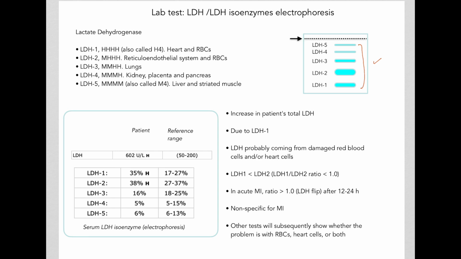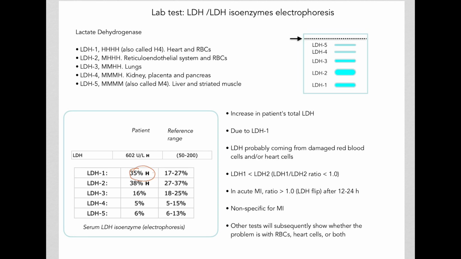And by measuring the intensity of each of these bands, we can determine the percent of each isoenzyme that is found in this total activity. So normally LDH2 is higher than LDH1, and then we have LDH3, and then 4 and 5 is in much smaller amounts.